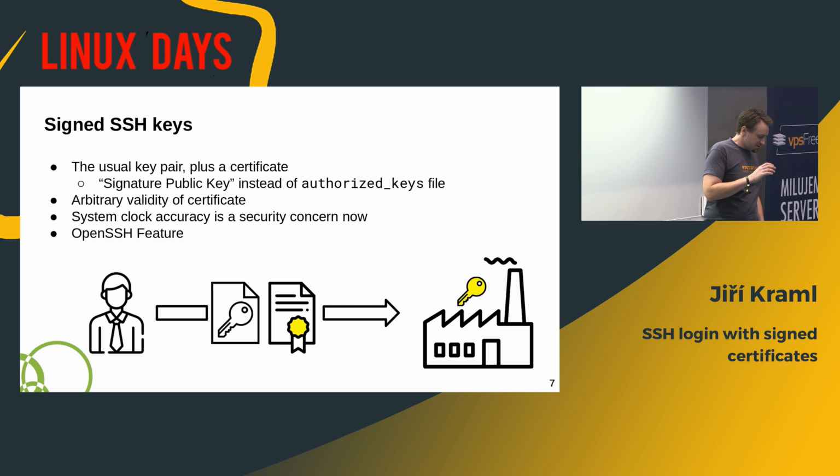And from the server point of view, the difference now is we don't have an authorized keys file anymore. We only have a signature key pair, and the public part of it, we put that on the server so that the server is able to verify the certificates. And the server now only needs to trust that public key. It doesn't need to know beforehand which clients will be connecting or not.